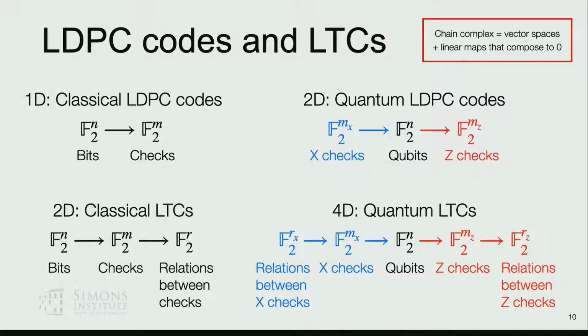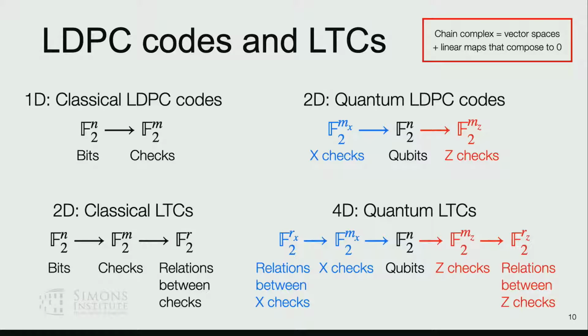For the first two, the relation between the code and these linear maps is fairly straightforward: it's simply the parity check matrices. But for classical LTCs, there is an additional map which characterizes the relation between checks. As mentioned by the audience, this is a very key property for locally testable codes, and we'll explain later why it appears.